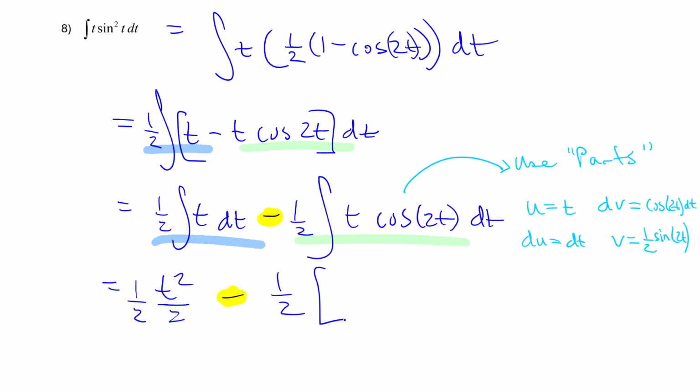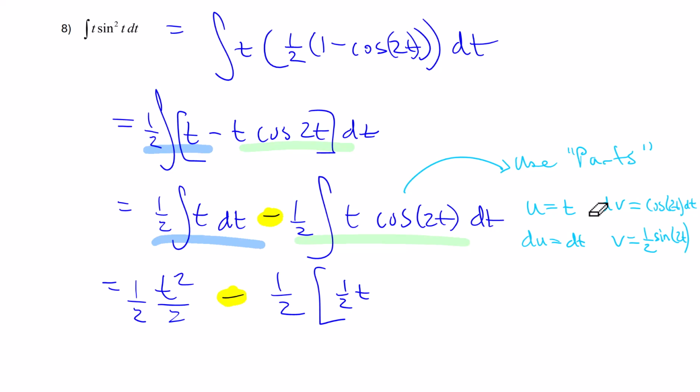So the formula for parts is uv, so that would be 1/2 times t. We're multiplying u times v from our little parts work that we've done off to the side.